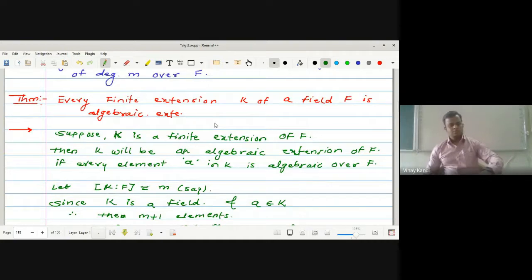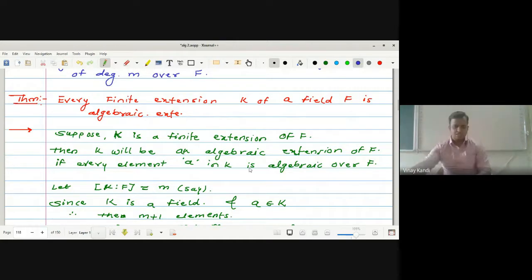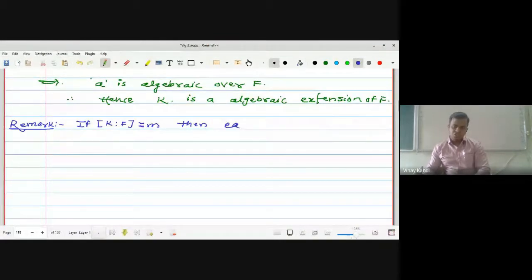Now one more remark. No doubt, sir. Which remark? If the degree of K over F is equal to m, then each element A belonging to K is algebraic.